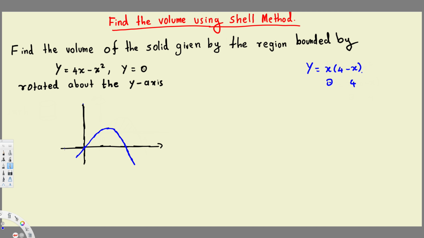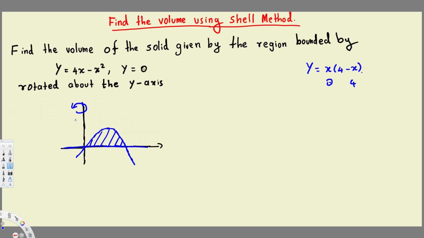It means this line right here, y is equal to 0. So we are trying to find the volume of this region right here. And also they have given the information that this is rotated about the y-axis, and this is going to be the axis.